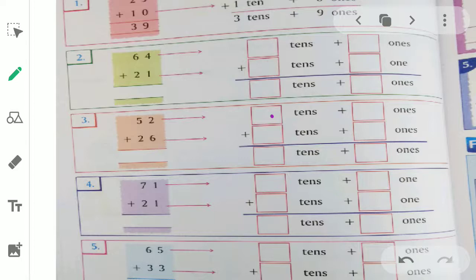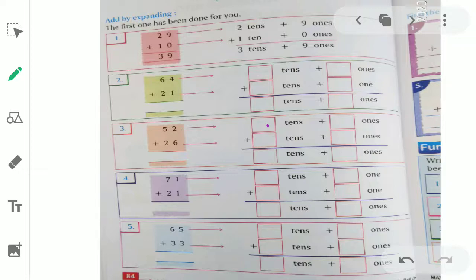Tens, ones, tens and ones. Boxes are given to you, and in these boxes you have to write the numbers which are given at the place of tens and which are given at the place of ones.